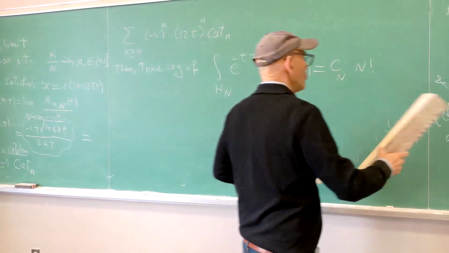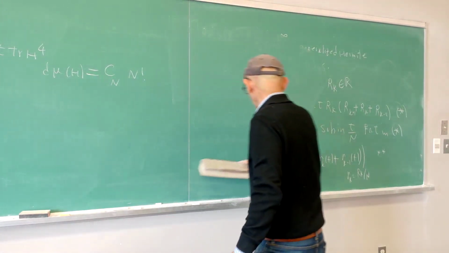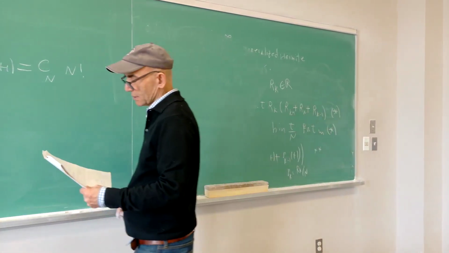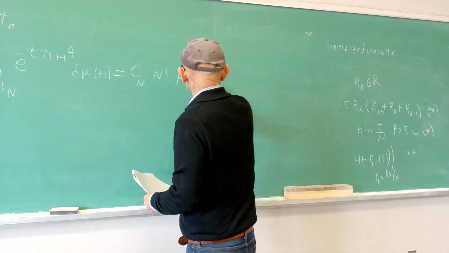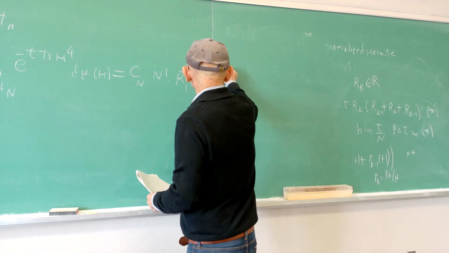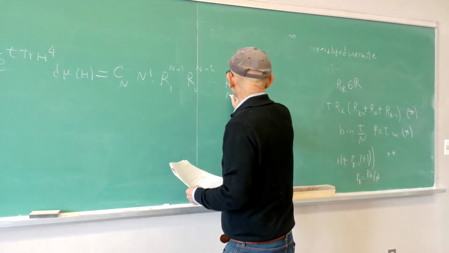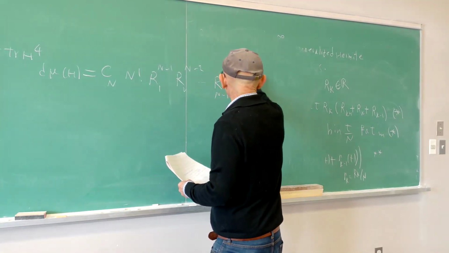This was the final formula that we obtained using the generalized orthogonal polynomials: Cn n factorial, R1 to the n minus 1, R2 to the n minus 2, and then R n minus 1 to the 1. Then there was this factor H0.